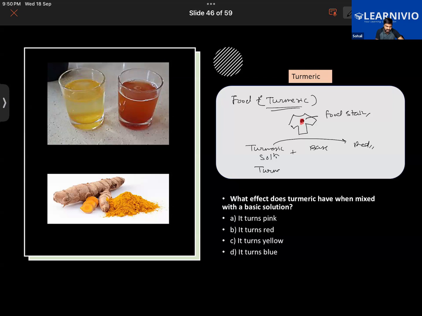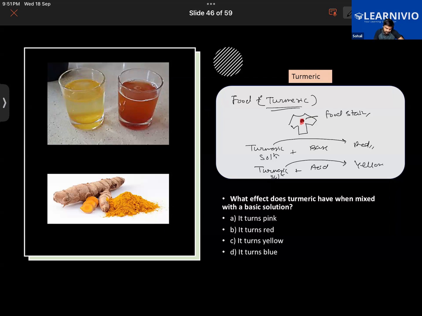If I were to have a turmeric solution and add some acid in it, you guys tell me, will the color change to red or some other color or will it remain? It remains yellow basically.